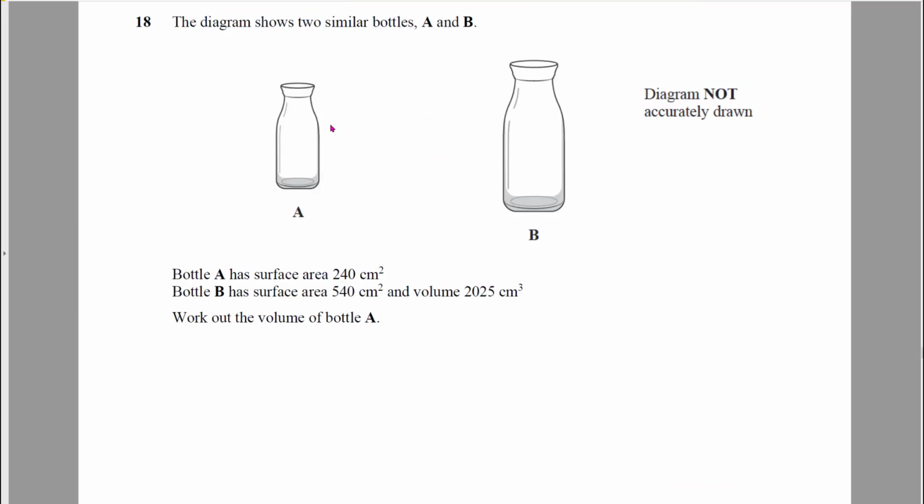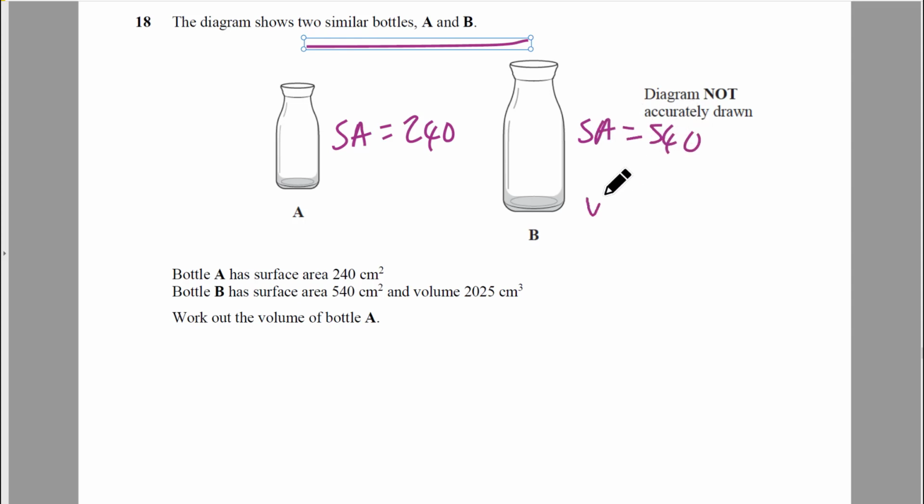Right, you have surface area, similar shapes. So surface area equals 240. This surface area equals 540, and they've given us the volume here, 2025. We want the volume of A. First find the surface area scale factor.